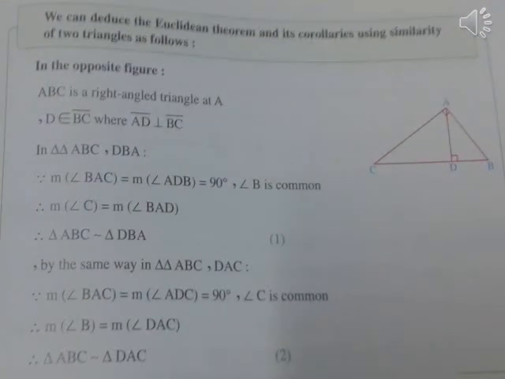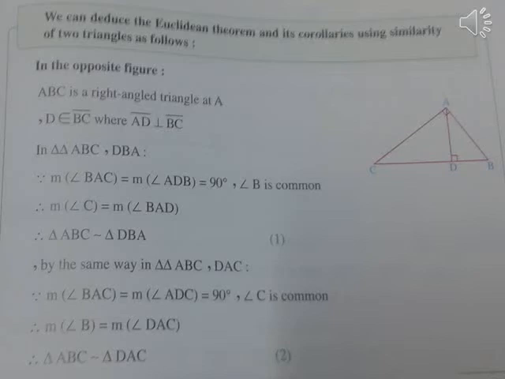We can deduce the Euclidean theorem and its corollaries using similarity of two triangles as follows. In the opposite figure, EBC is a right-angled triangle at E. D belongs to line segment BC, where line segment ED is perpendicular to line segment BC.